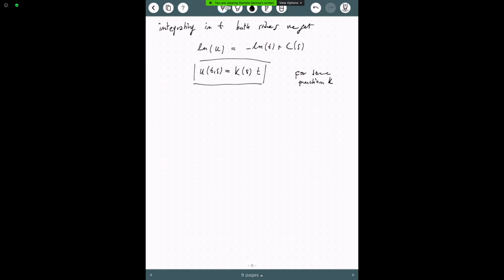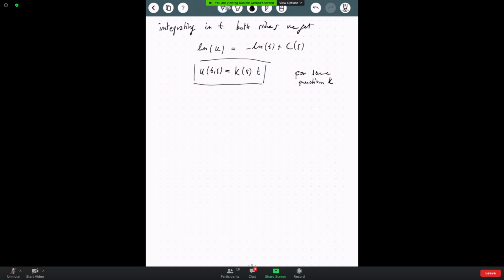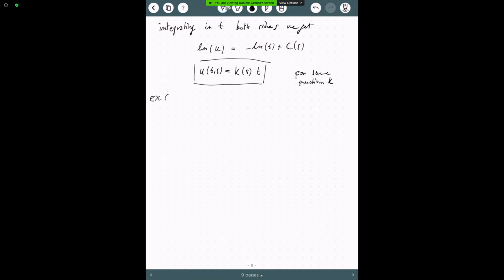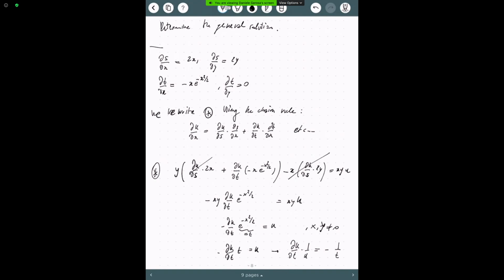Okay. Yeah, I don't know what the smoothness is. I mean, it has to be at least C1, I guess. But we are solving this exercise in the regime in which we can solve it.